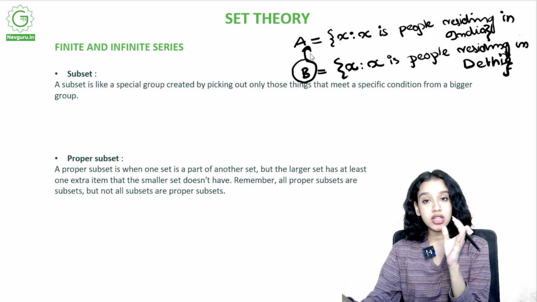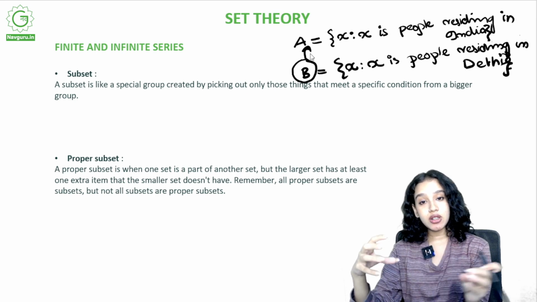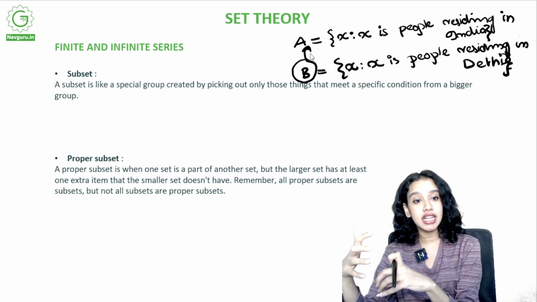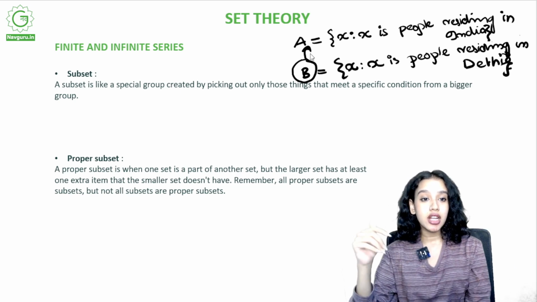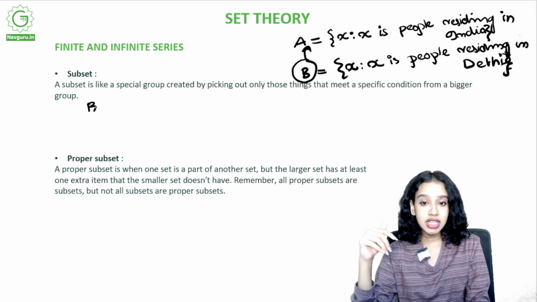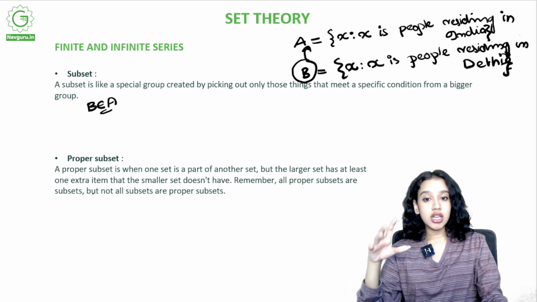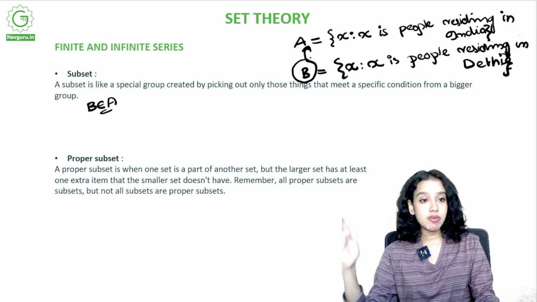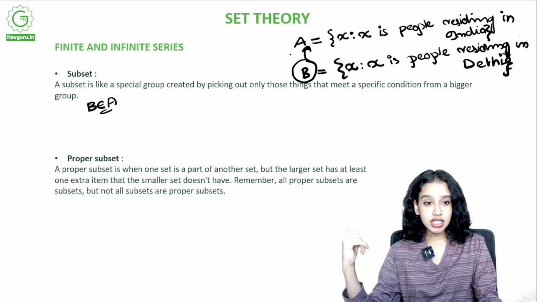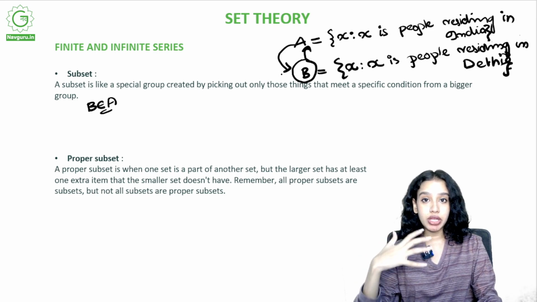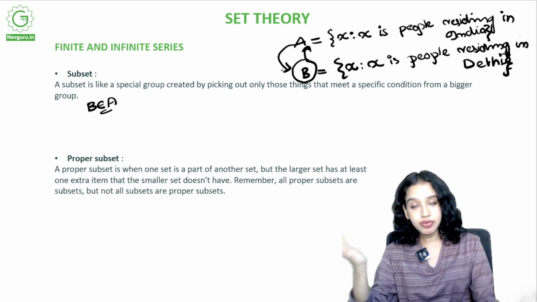Now, when we are talking about Delhi, people who are inside India but specifically inside Delhi, that's the set B. Now, we could say that B is a subset of A. So this is the form of subset. Now we say that B is a subset of A, right? How do we know that? Because A also contains B and B belongs to A.